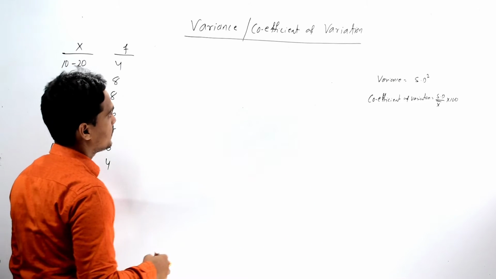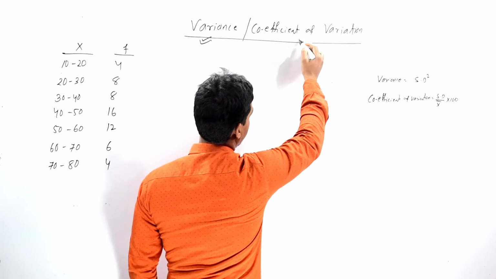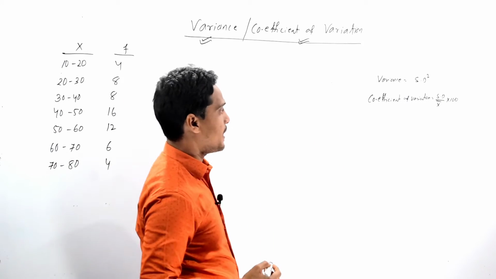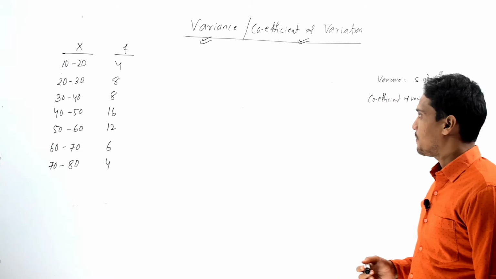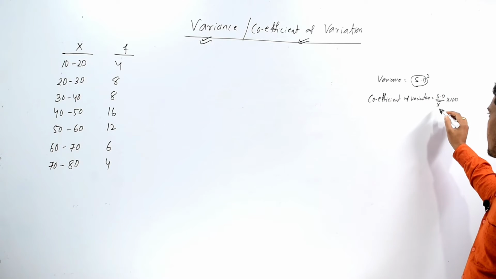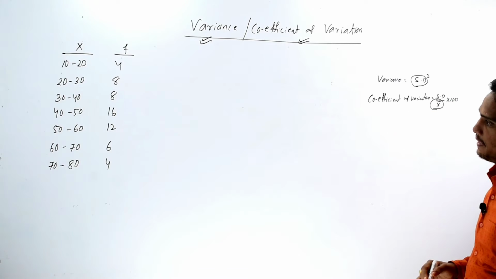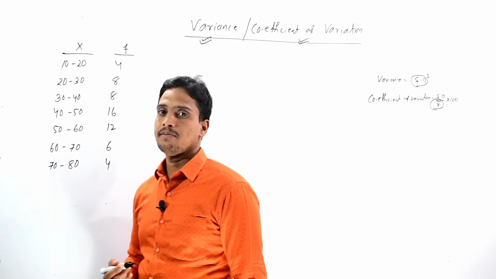That means before computing variance and coefficient of variation of a given series, first of all we have to find out standard deviation and arithmetic mean of the given series or distribution.